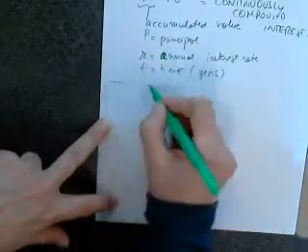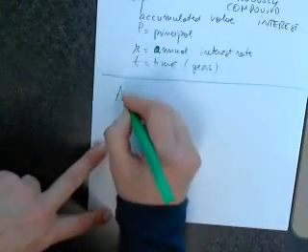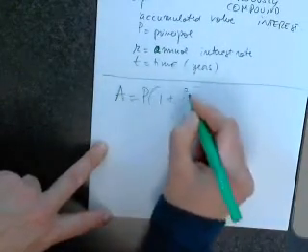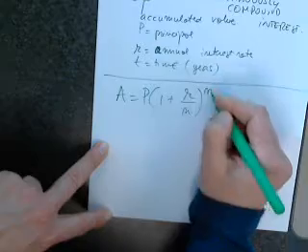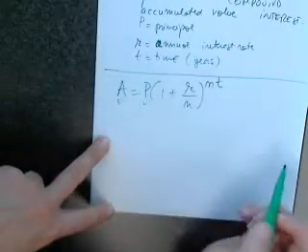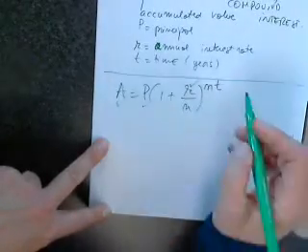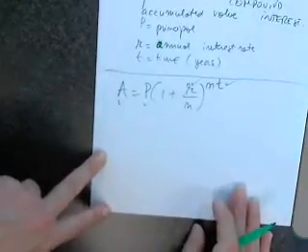Now, there is a totally different formula, which I will give you. You don't have to memorize it, which is this. A and P have the same significance, R the same significance, T the same significance.